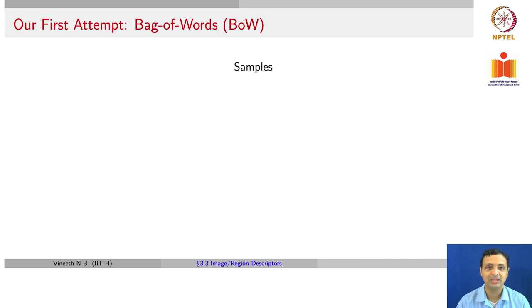So our first attempt towards getting image level descriptors is a method known as bag of words. An old method that has been used a lot in text before, but let's try to see how we use this in images. So we're going to start with a set of samples, a set of data points.